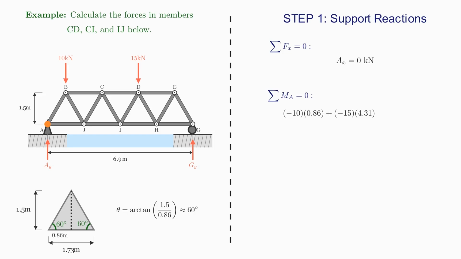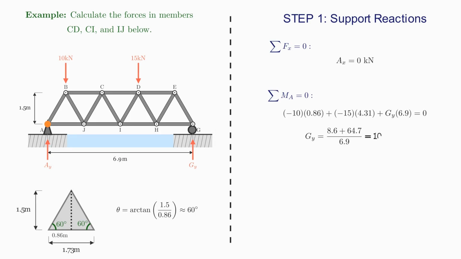And then the final force, I have GY. This is 6.9 meters away, and this one would turn the truss in a counterclockwise direction as it's pushing up from underneath. So this one is going to give me positive moments. So it's plus GY times 6.9. And all of these add up to 0. So I can rearrange.